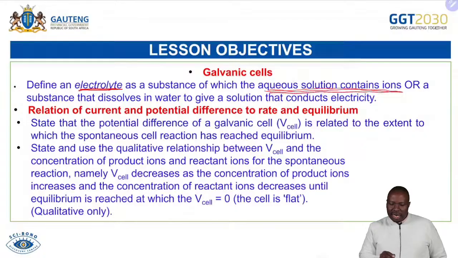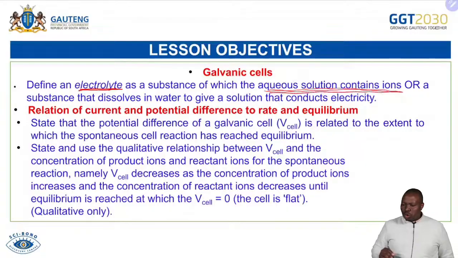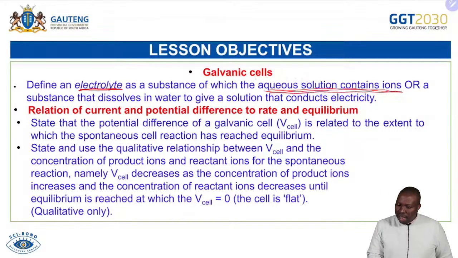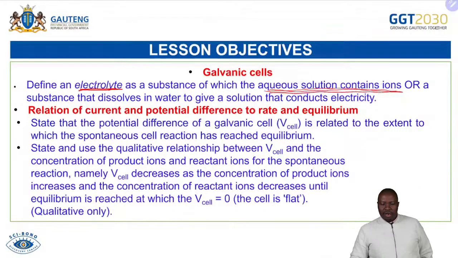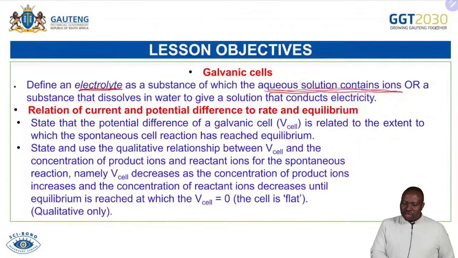So you are able to see that for this electrolyte, there must be a salt, and that salt must be in water. Hence, we are saying it's an aqueous solution that contains ions. A substance of which the aqueous solution contains ions, we call it the electrolyte. Or you can define the electrolyte as a substance that dissolves in water, the same thing that I'm still explaining.